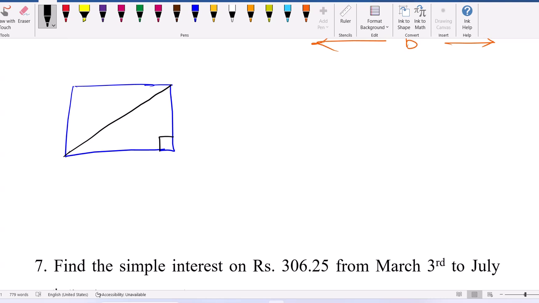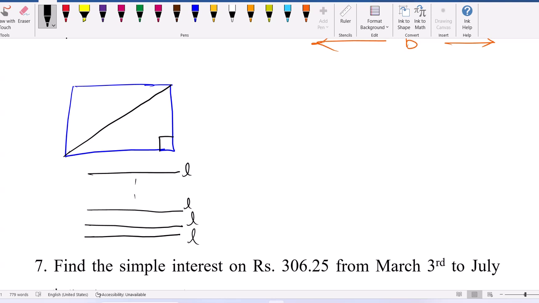If you have a doubt how the rectangle formula is length into breadth: this is one line, L. Again one more line, L, and another.